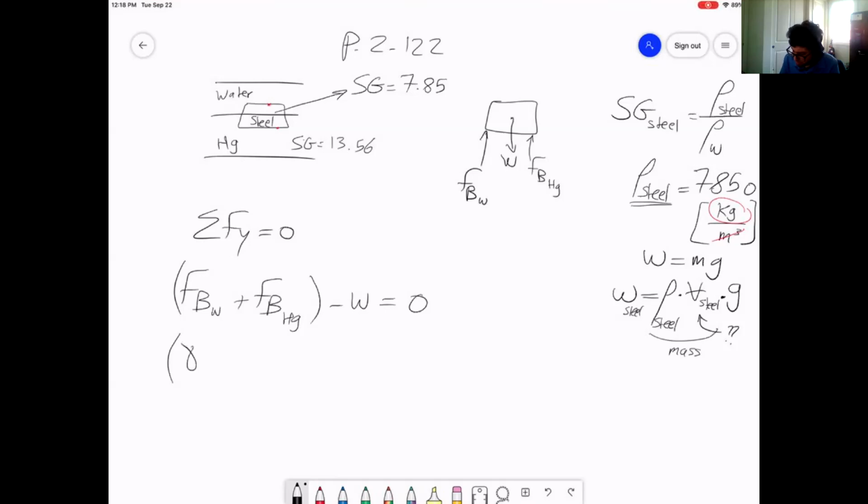Gamma of water times the volume of the steel block, only the portion submerged in the water, plus gamma times the volume of the steel submerged in mercury. Or no, this is gamma of mercury, right? Yes.